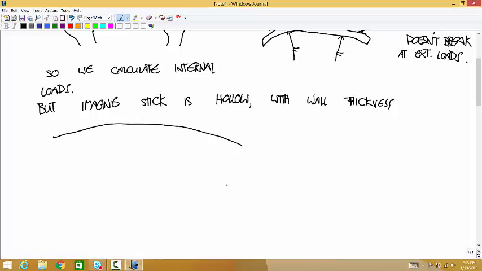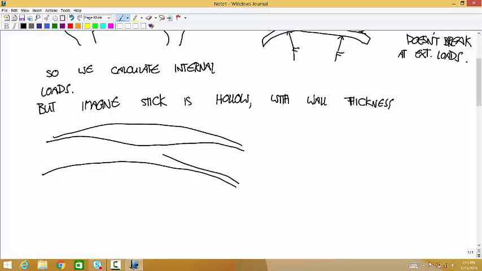Okay, so say that this is the wall, this is the hollow part. Well, if you calculated that the internal loads were greatest here, based on internal loads, you might expect damage or fracture to happen here.